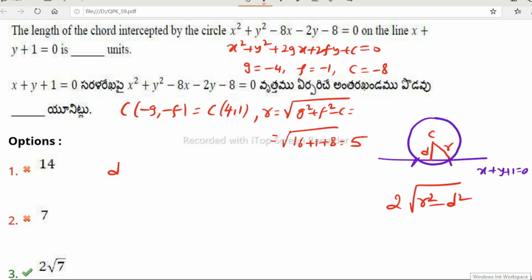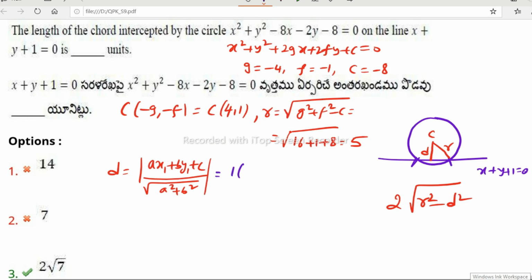First we have to find D, the distance from the center to the line. That is the formula: ax1 plus by1 plus c by root over a square plus b square. By substitution we can find the distance D. The line is x plus y plus 1 equals 0, so a is 1.